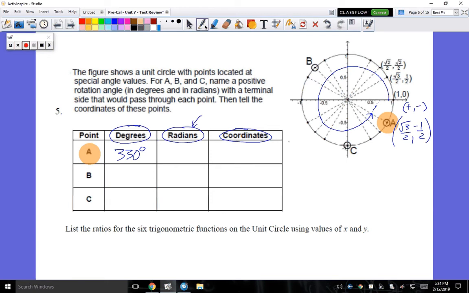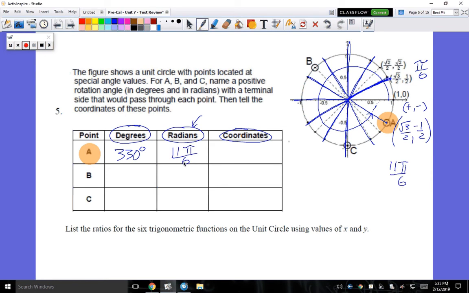Okay, and the reference angle on that is going to be right here at pi over 6. And I have 1, 2, 3, 4, 5, 6, 7, 8, 9, 10, 11. So you can get 11 pi over 6. Some of you already have this memorized as far as what it looks like.